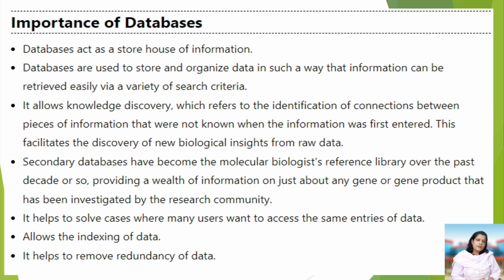In sequence databases, all the biological sequences like DNA, RNA and protein sequences are stored. For example, GenBank, DDBJ and EMBL. In structural databases, the structures of biological data like DNA, RNA and proteins are stored, so we can get protein structures and gene structures from them.